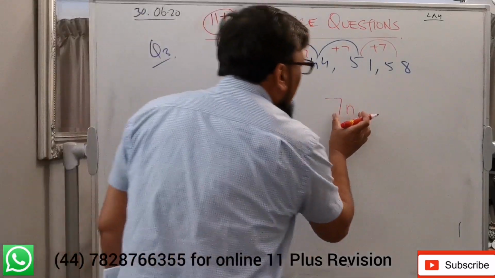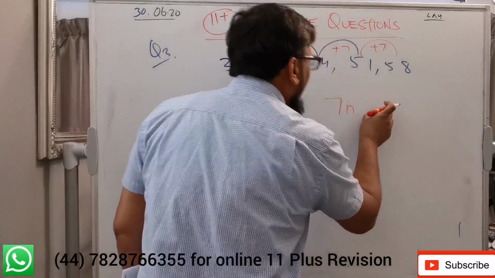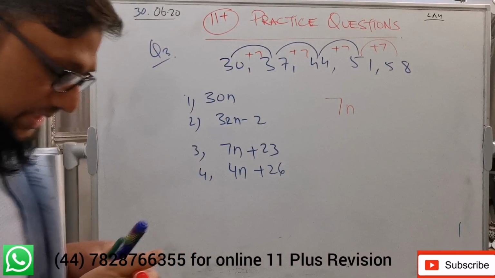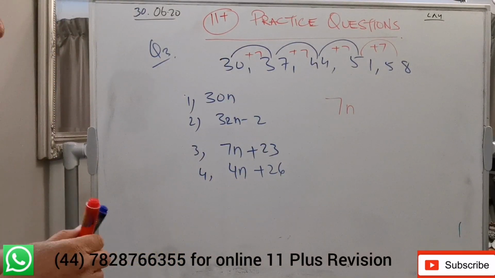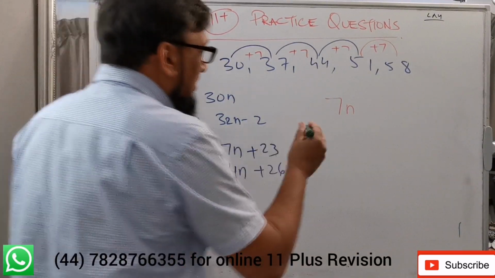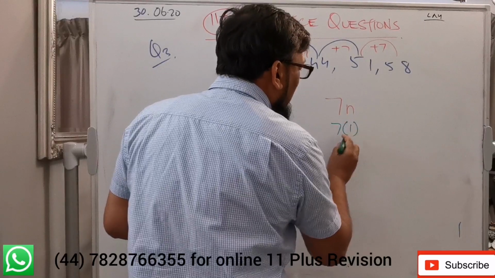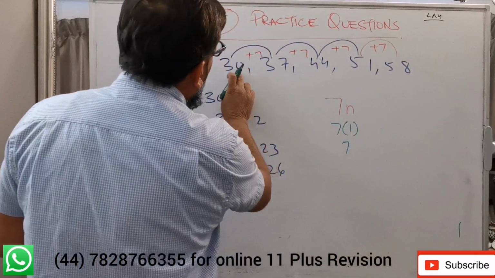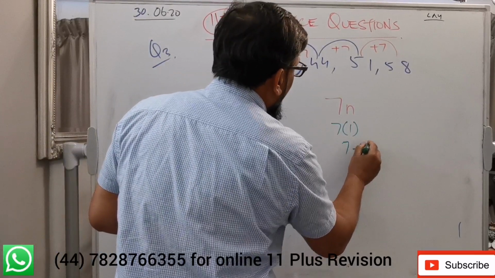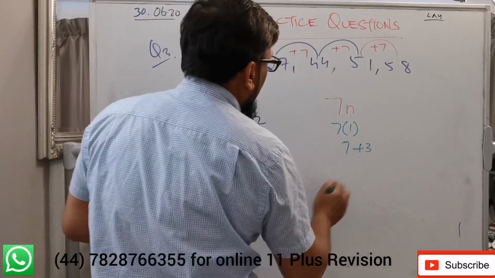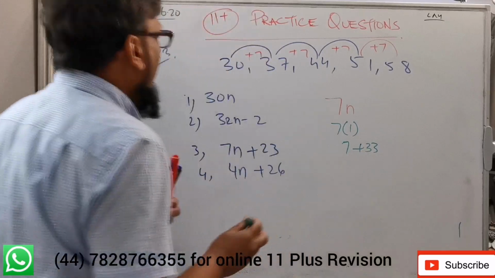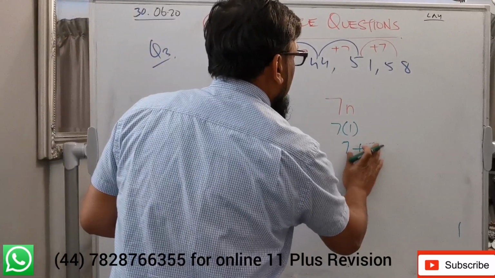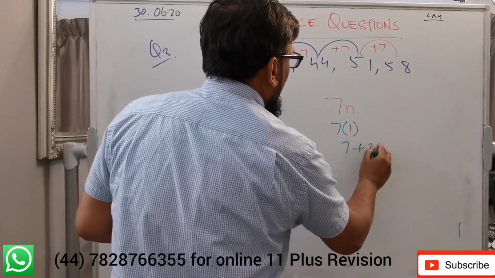And what number do we need to add or subtract to get the first value? So if I write here 7 times 1, which is 7, what number do I need to add to get 30? I can do 7 plus 23.